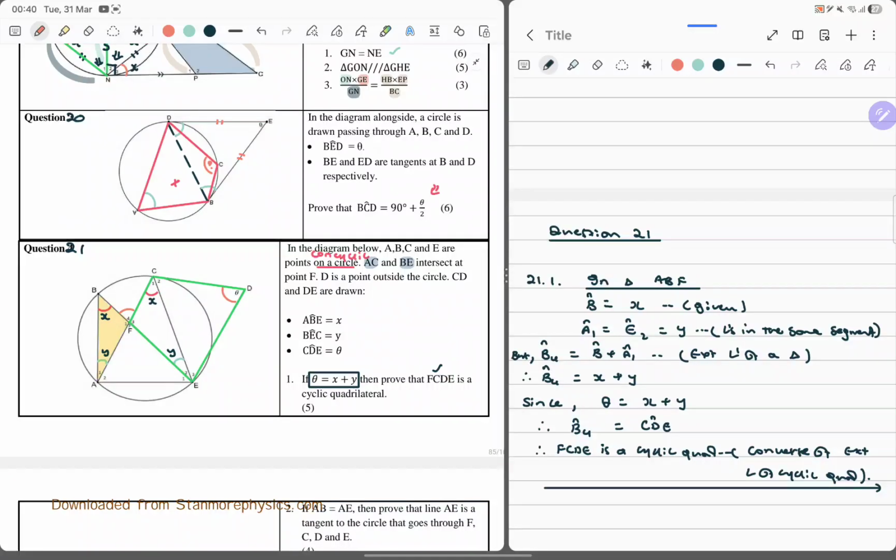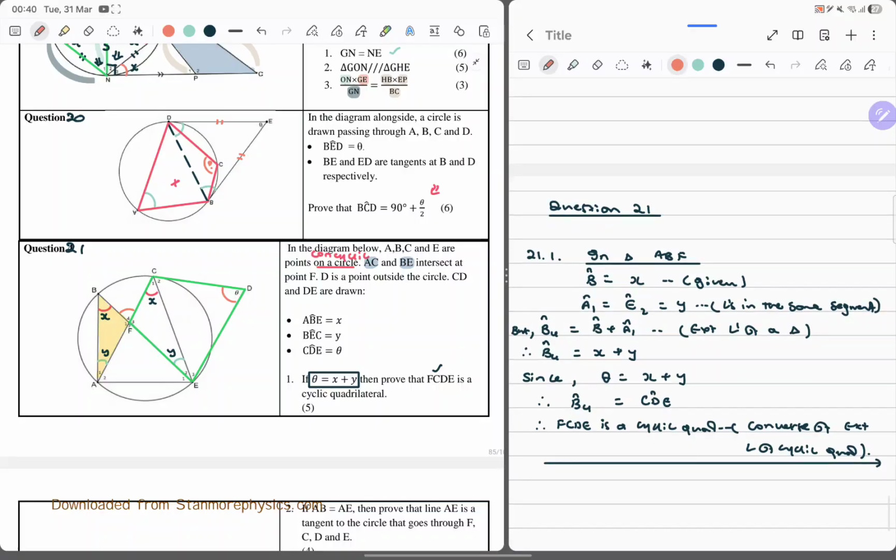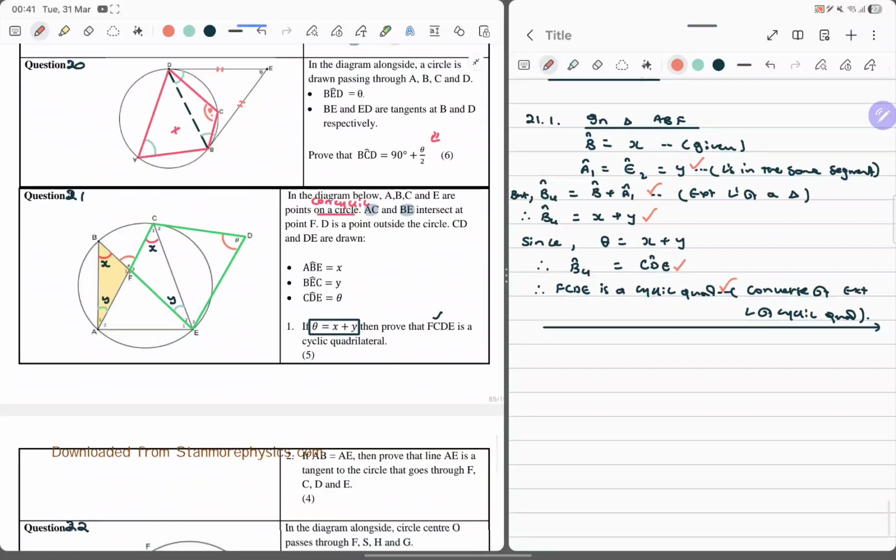Therefore, it confirms that we are dealing with a cyclic quad. Good stuff. So, easy 5 marks to score here. I think that statement and a reason is important to link these two. Easy 5 marks. We move.